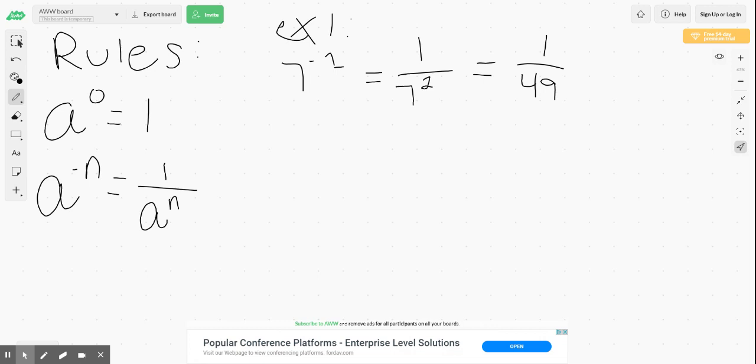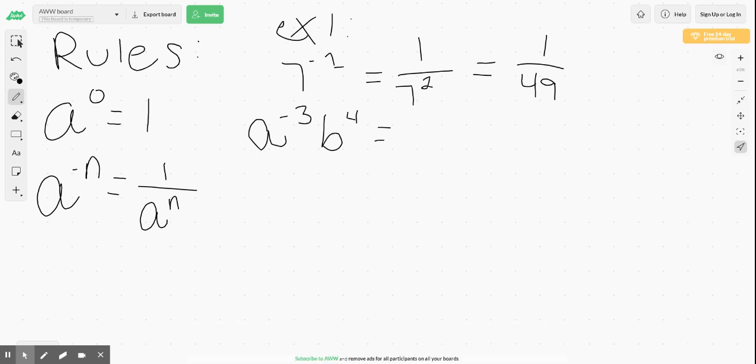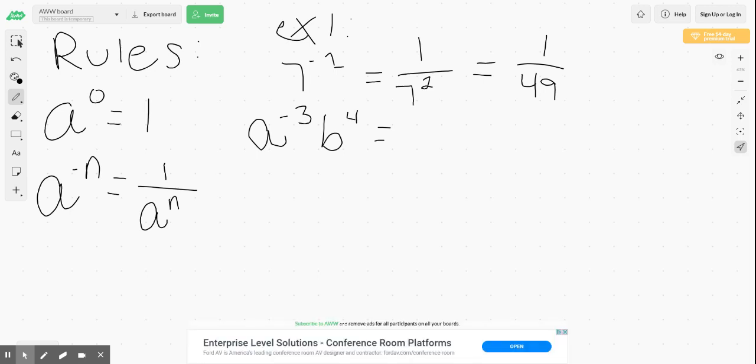Let's do another example. Let's say I have a raised to the negative third power and b raised to the fourth power. So I know that I can't have a negative exponent. And let's think about this problem. Well, first of all, I know I can't have a negative exponent, so I don't have a fraction. I'm going to create a fraction bar. The only base with the negative exponent is the one that you need to fix.